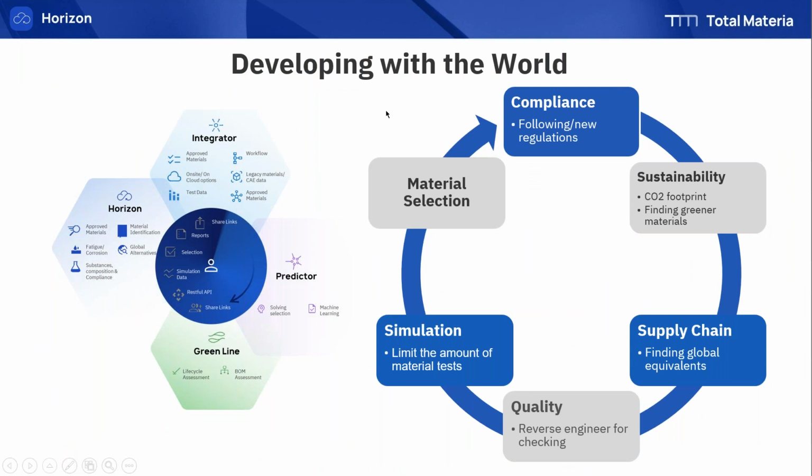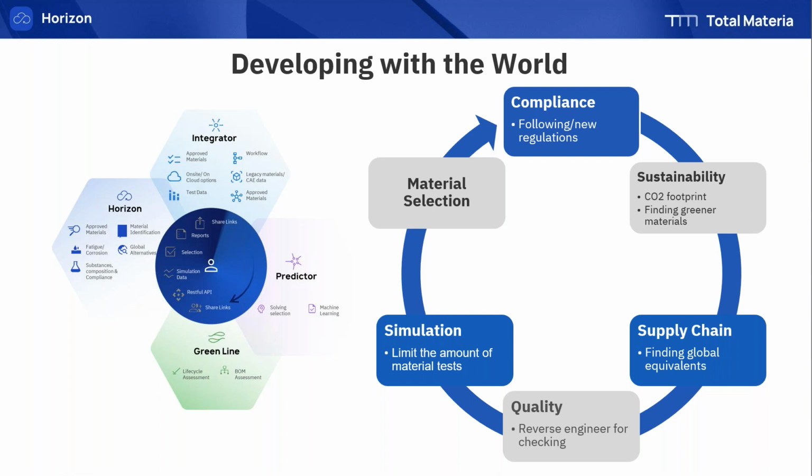Developing the world, it goes with strict compliance issues, sustainability, and supply chain issues. Quality and simulation results need to be more and more precise, and the material selection process is in all this work cycle, engineering cycle.